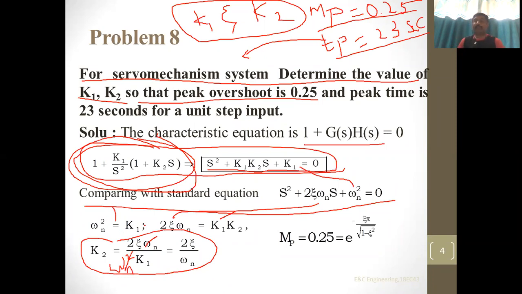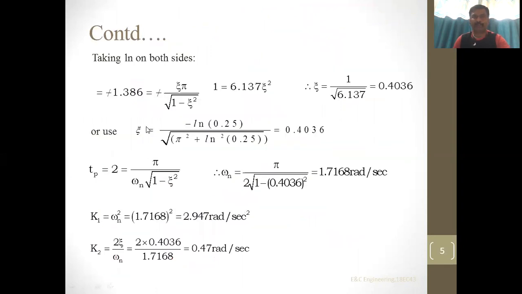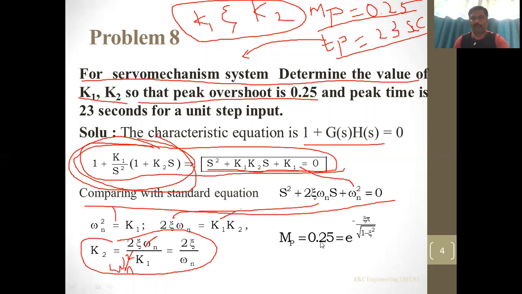But as per the given within the problem, MP value, maximum overshoot, is given. How about the maximum overshoot? 0.25. Let me make use of that value. Now 0.25 is equal to e power minus xi pi divided by root of 1 minus xi square. Is it okay? Next step, let me try to eliminate this exponential term. How do I eliminate this exponential term?